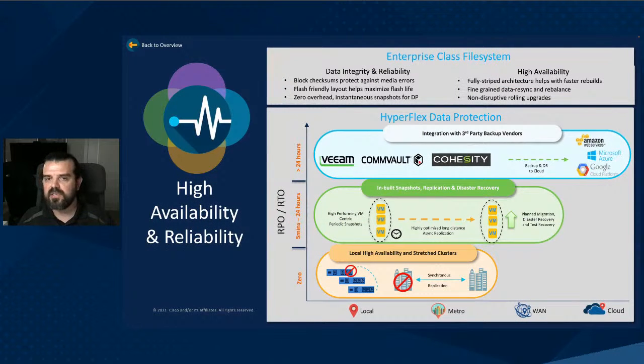Also, we have some integration with third-party backup solutions, which are Veeam, Commvault, Cohesity. We are also providing inbuilt native replication for replicating data between 2 HyperFlex clusters located at a long distance, like 2 different cities, and they can create DR kind of solutions.